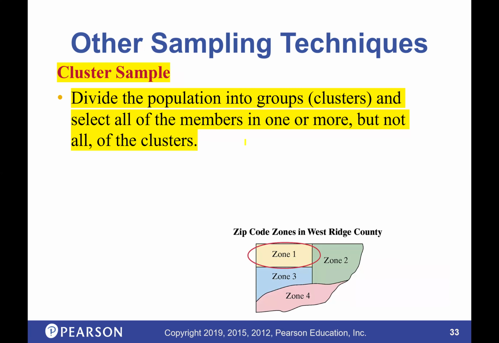So you figure that people that live in West Ridge County, all of them are taking the same. And then you go to just those blocks over there, just the neighborhoods right there, and you're going to sample those people. Assuming that zone 2, zip codes 2, 3, and 4, they're probably going to give you the same amount of numbers.